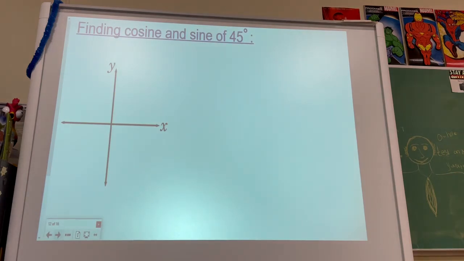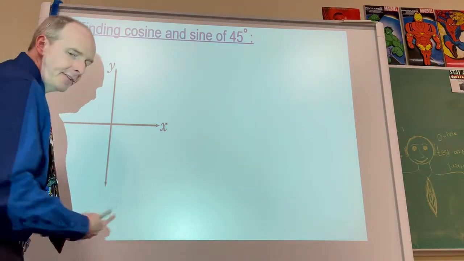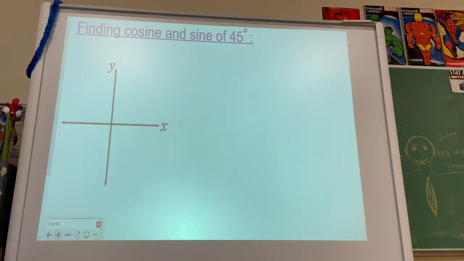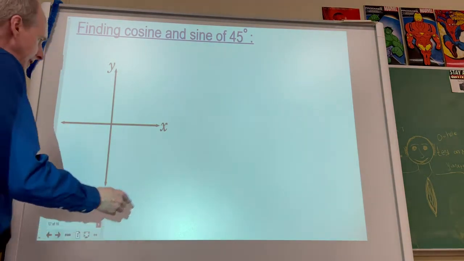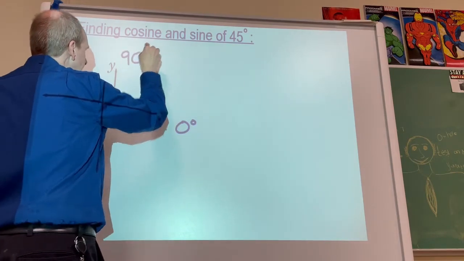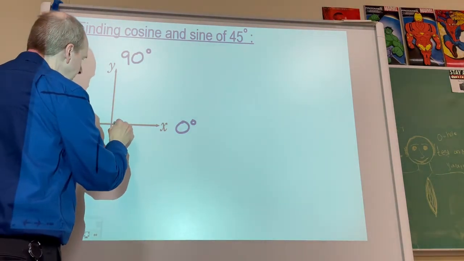Using our special right triangles, we should be able to find our values for sine and cosine of 45 degrees. If I think about my different angles, 45 degrees, well, let's see, this is 0 degrees, this is 90 degrees, so where's 45? It is halfway in between.